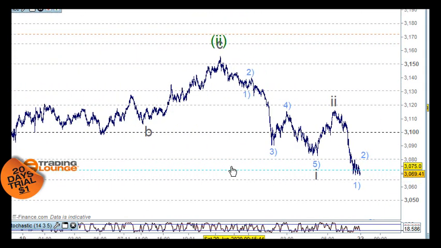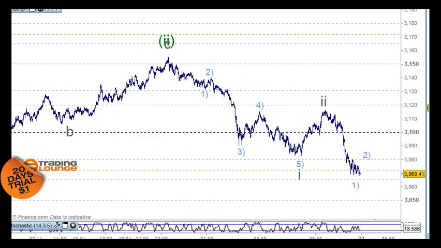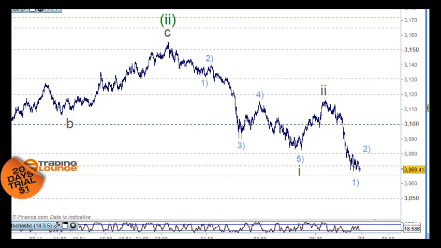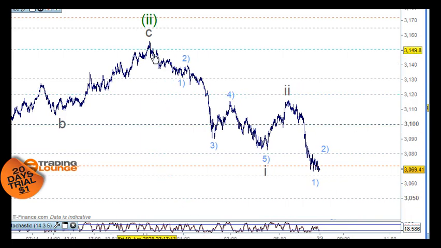But apart from that, looking at the futures markets, which would have been rolling over in the last session, this move down does count 1 and 2, and all of the third wave, fourth wave, and fifth wave. Wave 1 didn't really rally much up here, so we just need to be a little bit mindful.